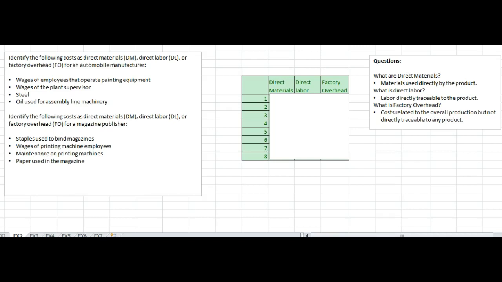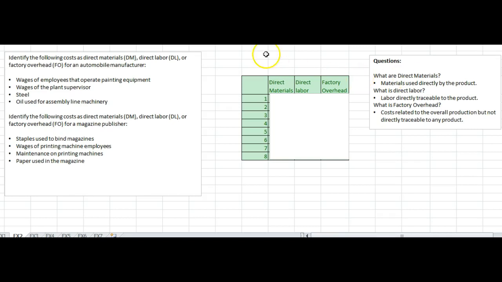And overhead are all costs that relate to the overall production, but not directly traceable to the product, like depreciation, supervisor's salary, anything that is needed to support the manufacturing of that product in the production sense would be factory overhead.